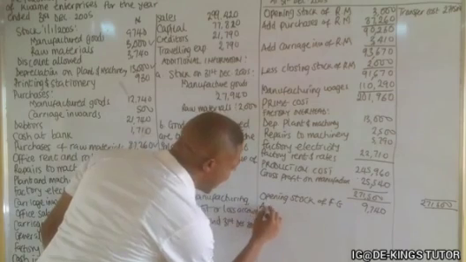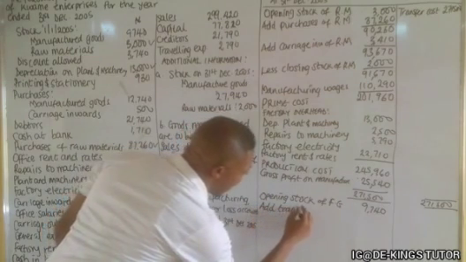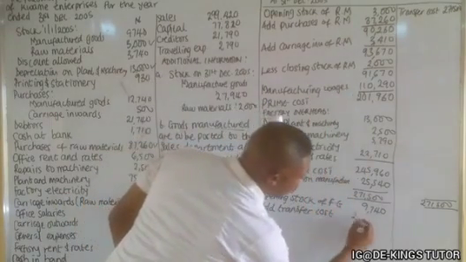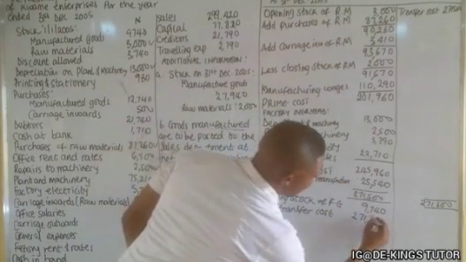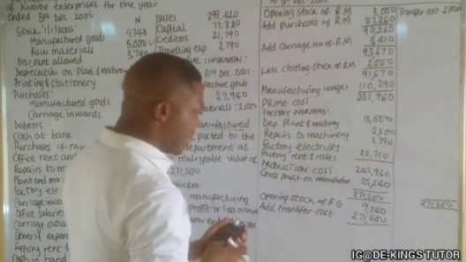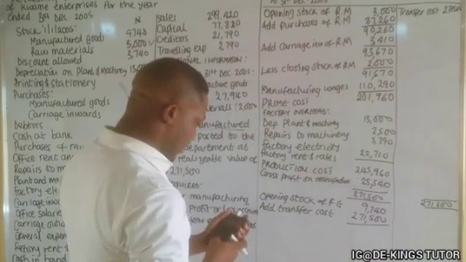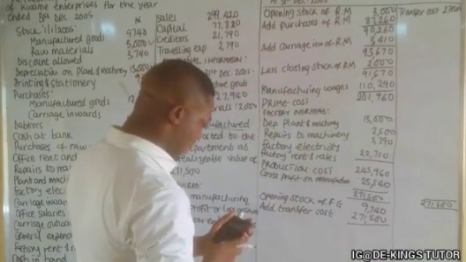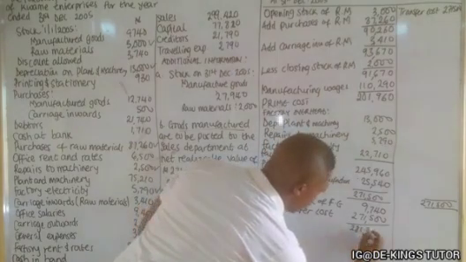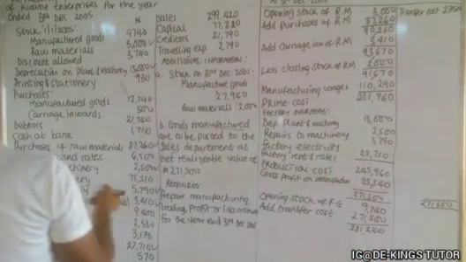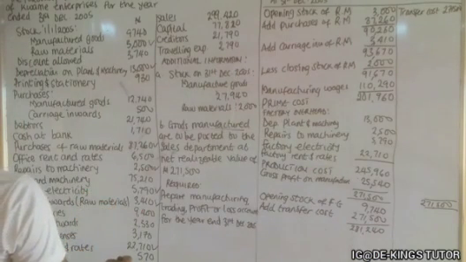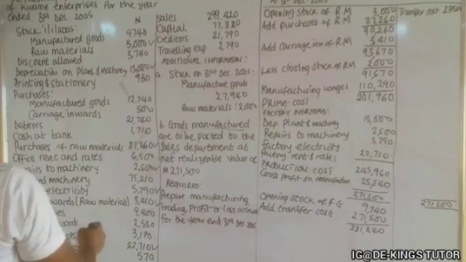So we said add transfer cost. So transfer cost is 271,500. So 9,740 plus 271,500 becomes 281,240.